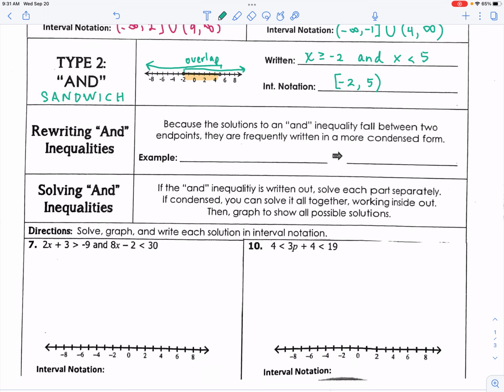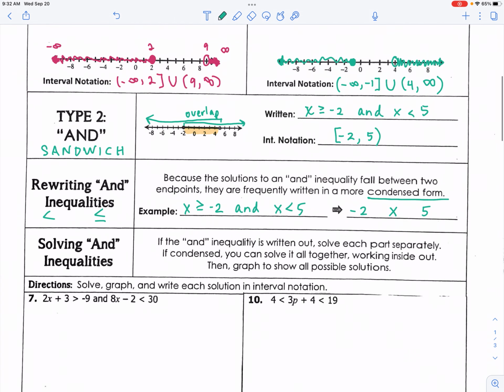So rewriting and inequalities: instead of writing x greater than or equal to -2 and x less than 5, we can do the condensed form. This is where we put that x sandwiched in the middle. We have our endpoints, -2 and 5, and we can only use less than and less than or equal to symbols when we're doing this.